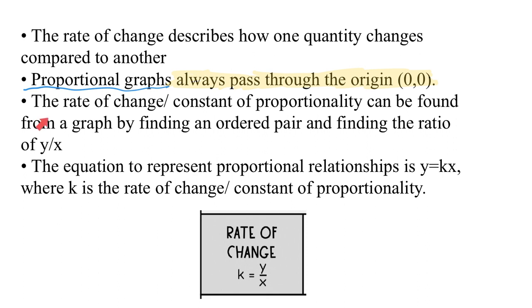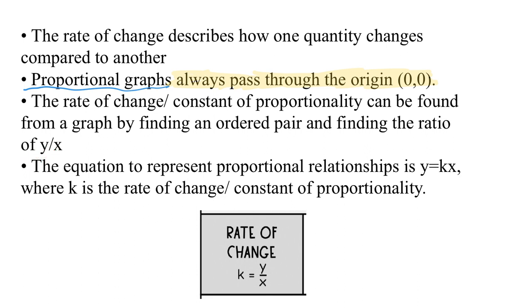Also, the rate of change, or we can call that the constant of proportionality, I'm talking about the same thing. That can be found from a graph by finding an ordered pair and then finding the ratio of y over x.